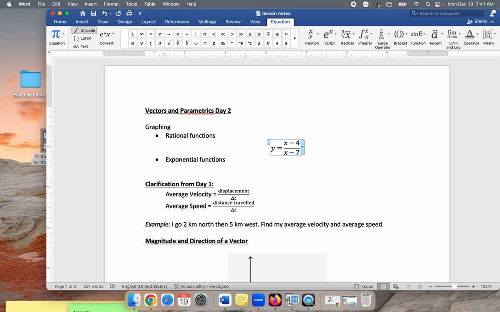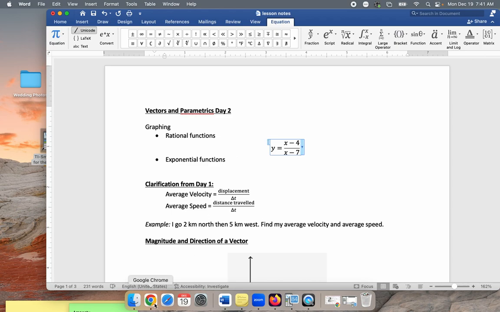Functions like this are interesting because they typically have asymptotes, both horizontal and vertical, although not always. If you want to know a little bit about these functions, then you really should be asking about what the horizontal and vertical asymptotes are.